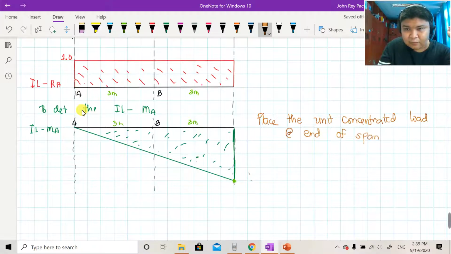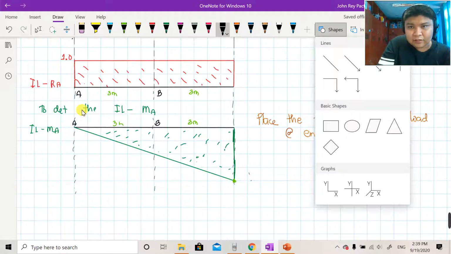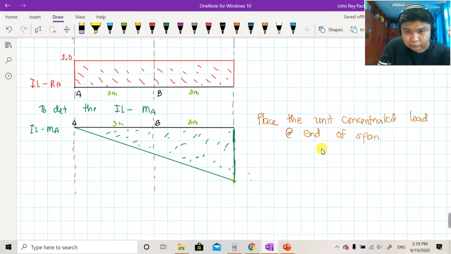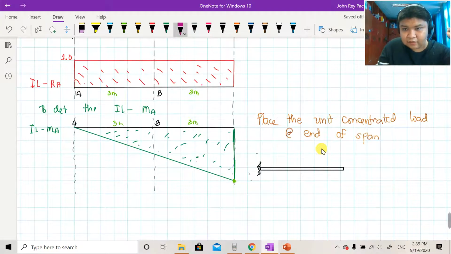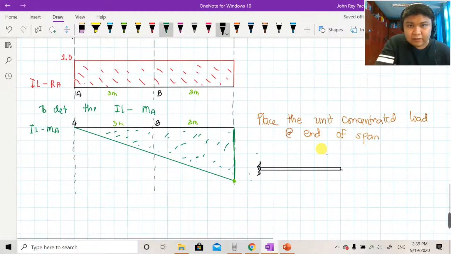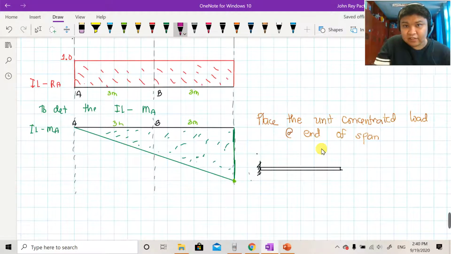Since this is 6 meters, let's draw it. For example, this is our beam. Then we place our unit concentrated load at the far end, which will be equal to 6 meters, right?